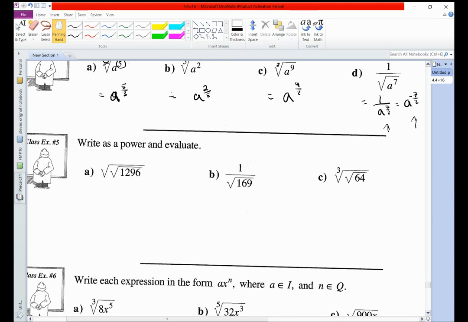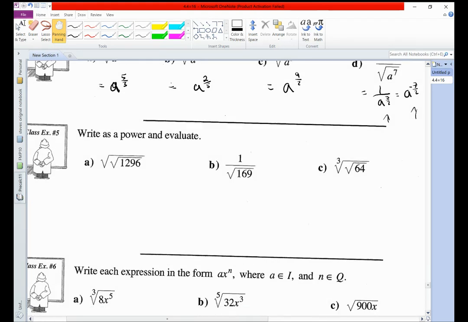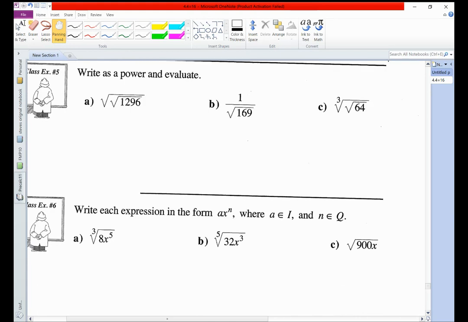Write as a power and evaluate. So we have the square root of the square root of 1296. The first thing we can do is take that inside and say that is like saying the square root of 1296 all to the power of 1/2.